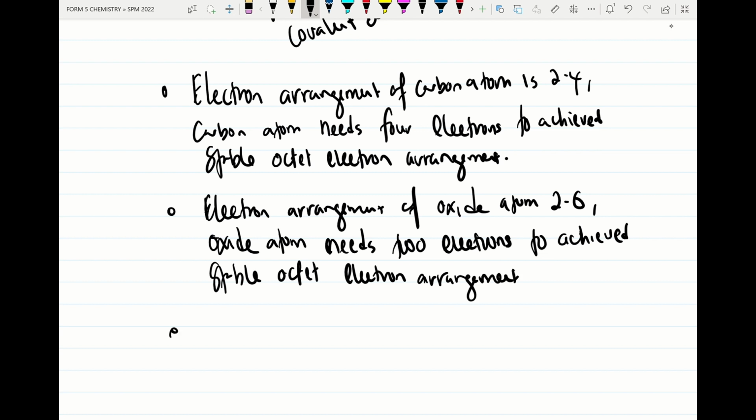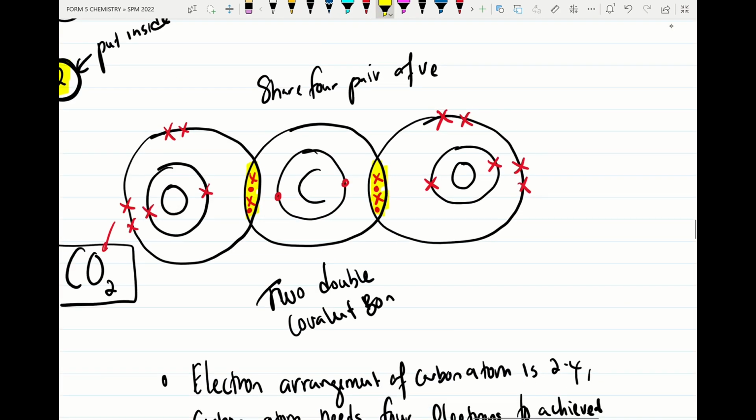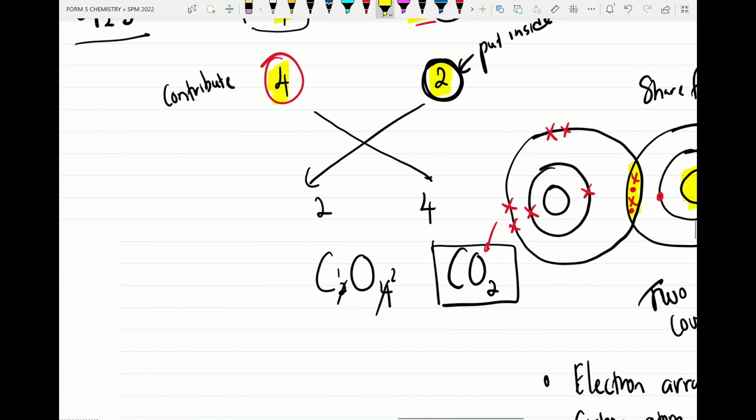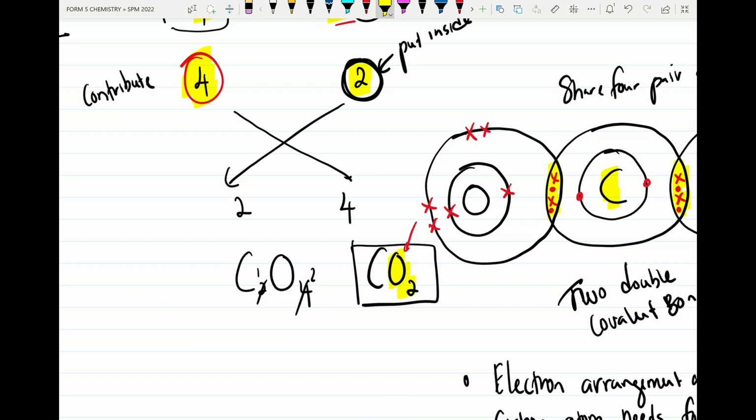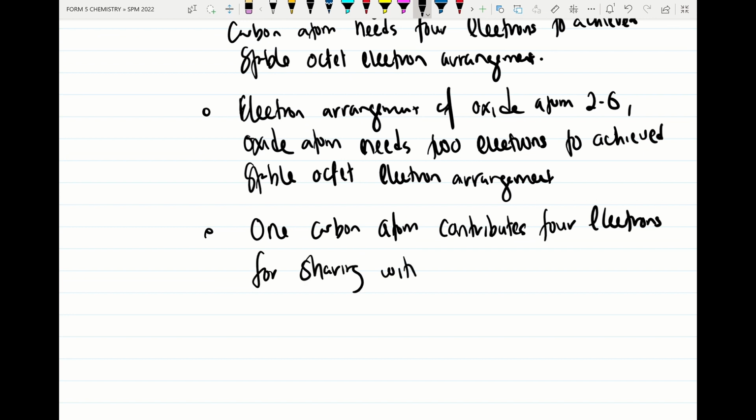All right, so we move on to the next point. One carbon atom will contribute. So we check here, one carbon atom will contribute 4 electrons for sharing with how many oxide atoms? With 2 oxide atoms. So we put here one carbon atom contributes four electrons for sharing with two oxide atoms.